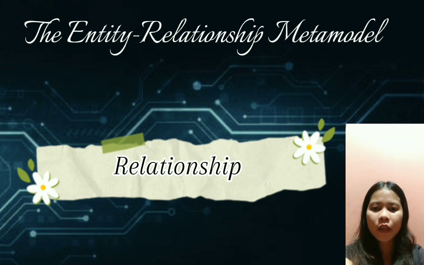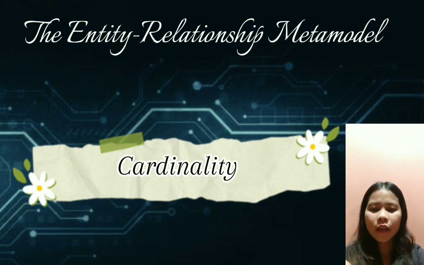Relationships indicate association, dependencies, or interaction between entities. Examples include works for, owns, or is part of. Cardinality specifies the number of instances of an entity that can be related to another entity. Common cardinalities include one-to-one, one-to-many, and many-to-many.